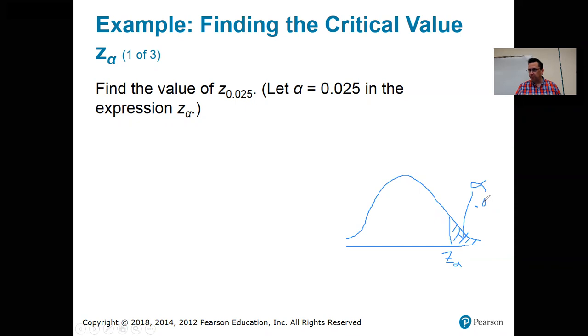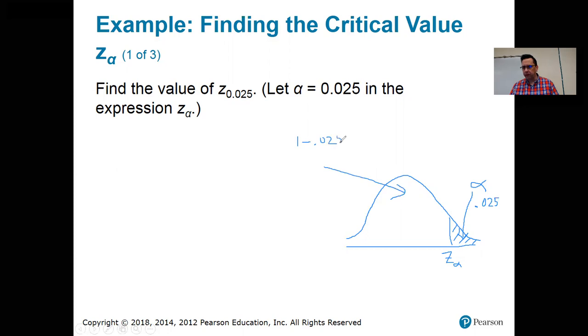The very first thing I have to do is remember that my table is not designed for areas to the right, it's designed for areas to the left. So if the area to the right is 0.025, then the area to the left must be 1 minus 0.025, right?